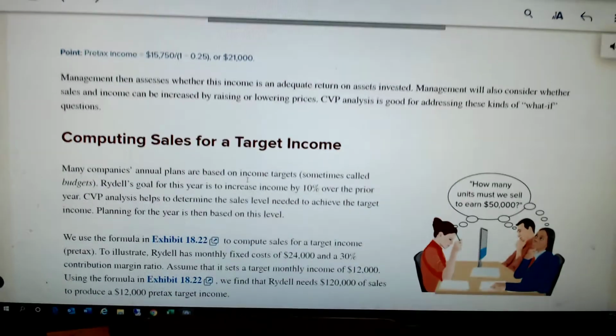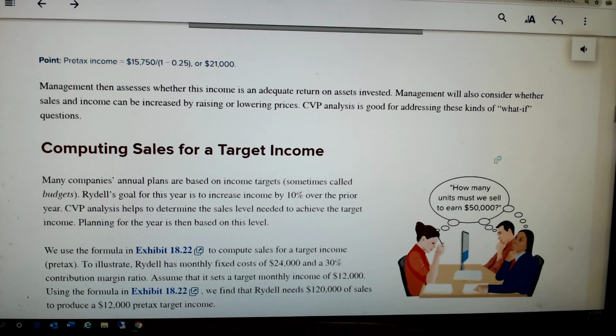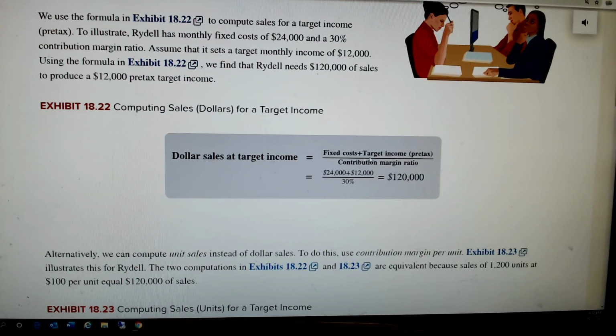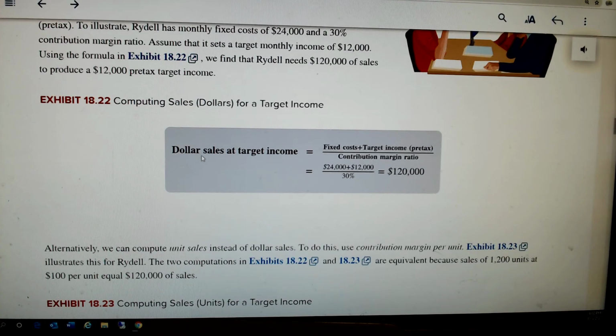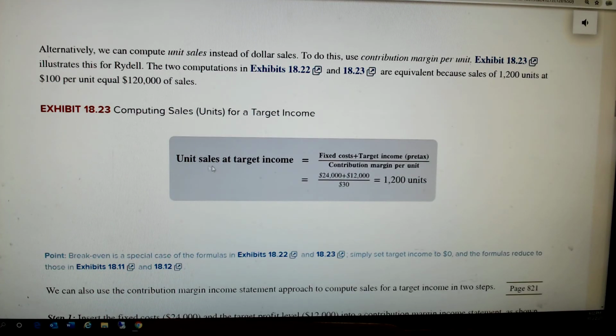Going back to the text, that's what this section talks about: computing sales for a target net income. All we do is add that target net income to the numerator. That's what your sales need to be to make that much money, bottom line. This is dollar sales. To arrive at the answer in dollars, we use the contribution margin ratio. To arrive at unit sales, we use the contribution margin per unit.